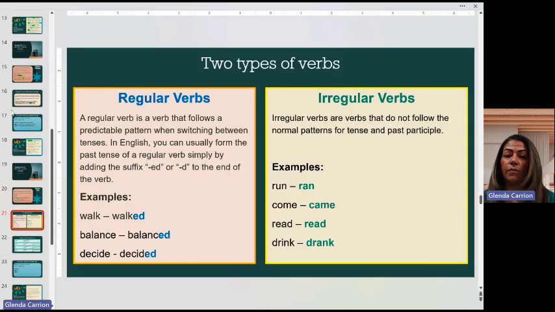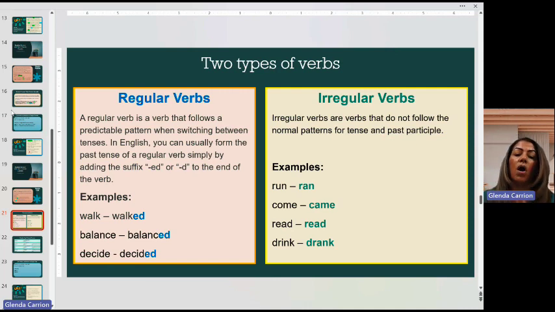Now, as I said before, there are two types of verbs, the regular verbs and the irregular verbs. A regular verb is a verb that follows a predictable pattern when switching between tenses. In English, you can usually form the past tense of a regular verb by simply adding the suffix ed or d to the end of the verb, and we already talked about it.